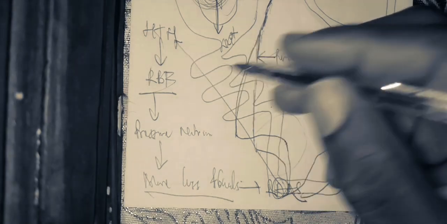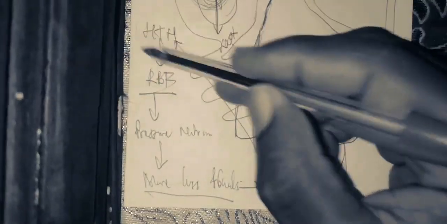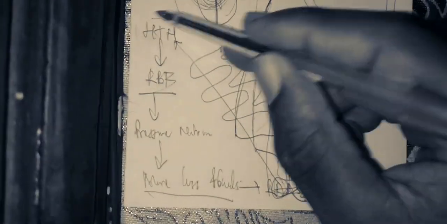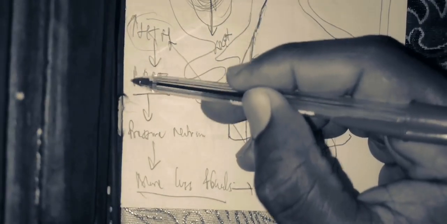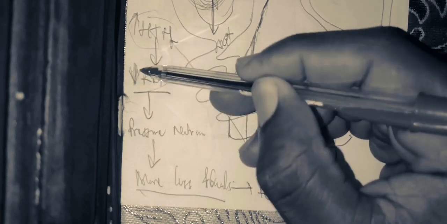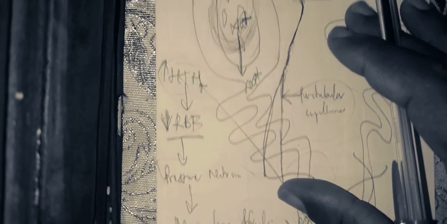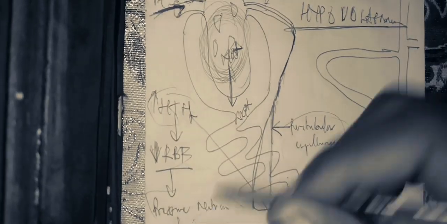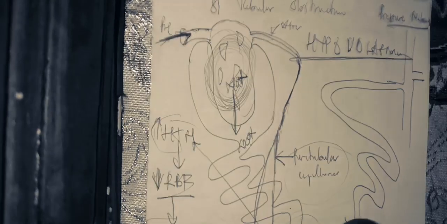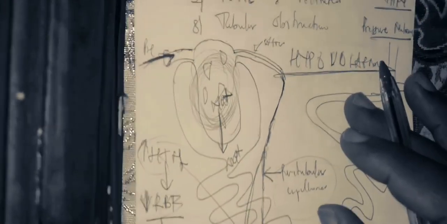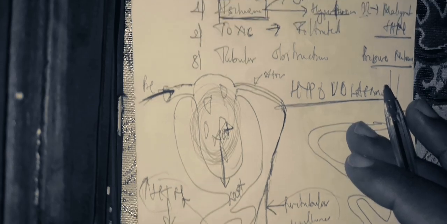So you are going to have a vicious cycle where the high blood pressure is going to result in more high blood pressure, that is going to result in more reduced renal perfusion from the pressure natriuresis. And at the end, you are still going to have the ischemic acute tubular necrosis from a reduced fluid perfusion of the kidney. I hope you're understanding very well.